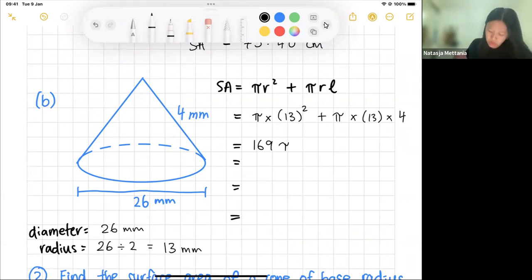13 squared is 169 pi, plus 52 pi. Collecting like terms, we get 221 pi. Again, if the question asks me for an exact form, I'll just leave it like that.